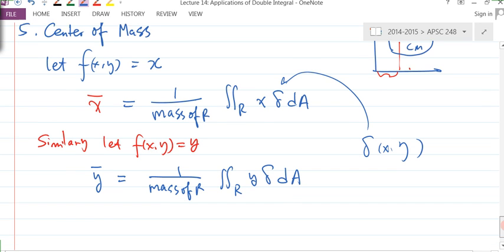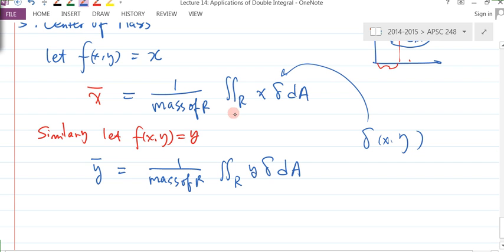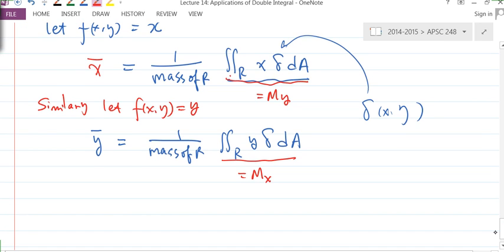Now, often this portion right here is defined as the so-called My, and this portion is defined as the so-called Mx. As a matter of fact, I'm not sure if you learned this or not. For these two portions, if delta equals 1, so basically a unit density, then this is gone, right?